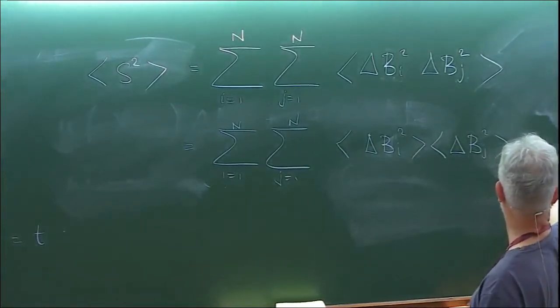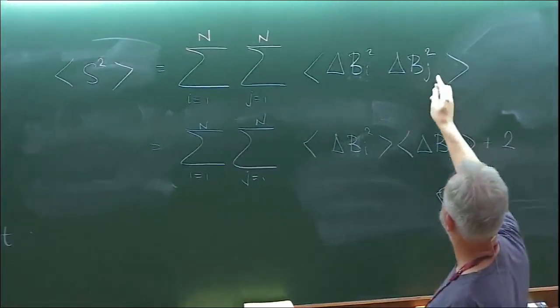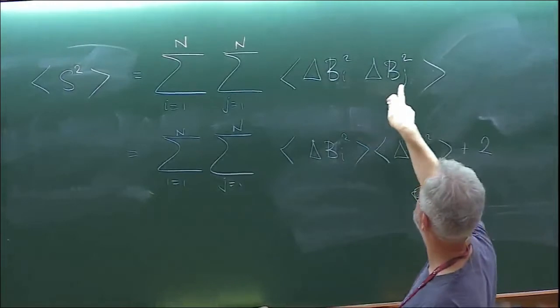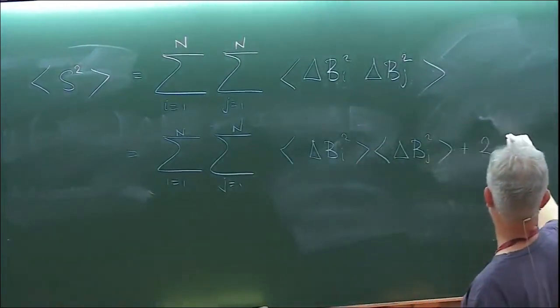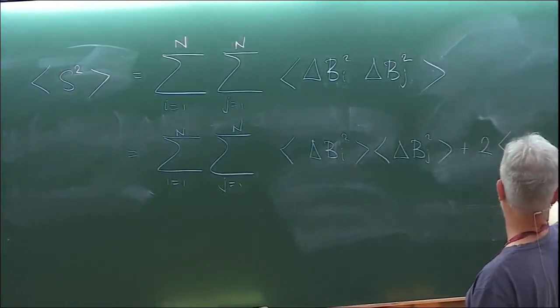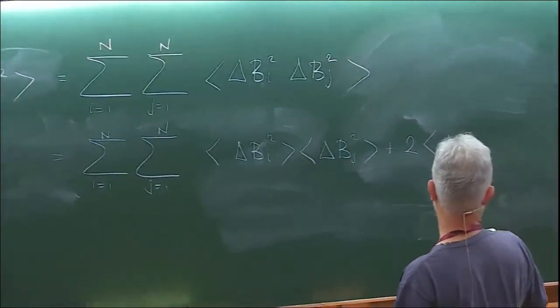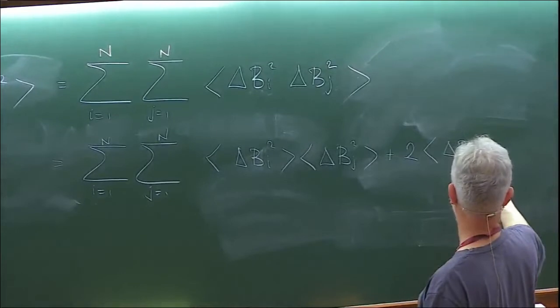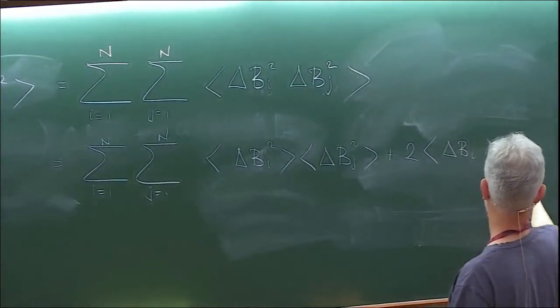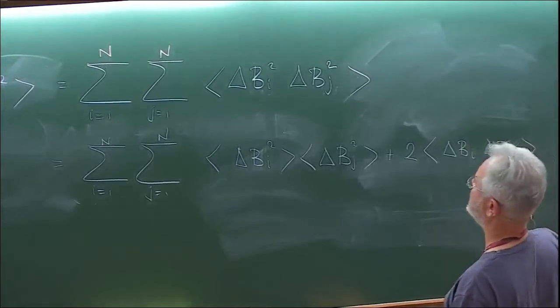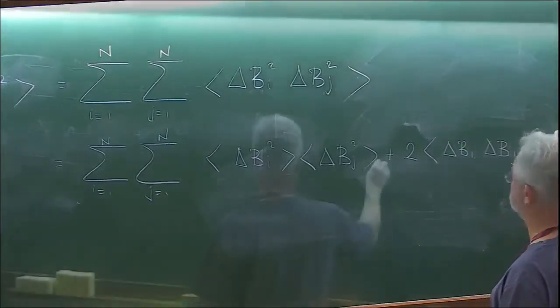So I get a factor of 2 here. Each of the j's here, I can decide to put the first j with the first i. So this is 2 times delta b_i delta b_j. Okay, and so I have a factor of 2 of these guys, okay?